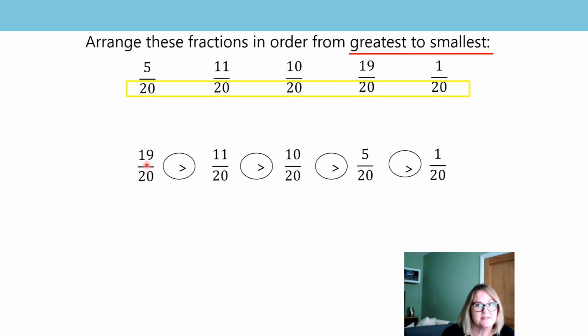And 19, I know that 19 is greater than 11, and that's greater than 10, and that's greater than 5, and that's greater than 1. So 19/20ths, or 19 lots of 1/20th, is greater than 11 lots of 1/20th, and so on until we get to 1 lot of 1/20th. If you did it like that, well done.